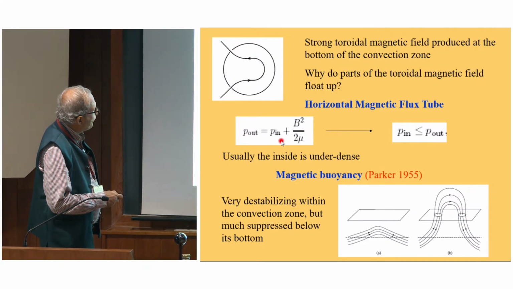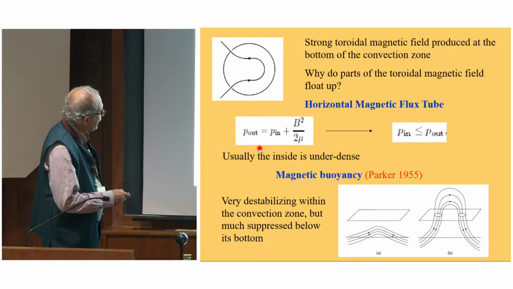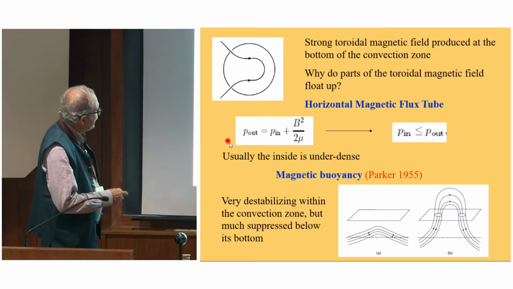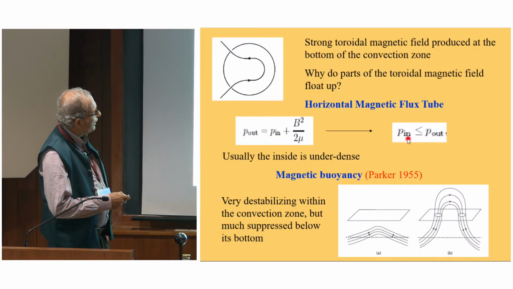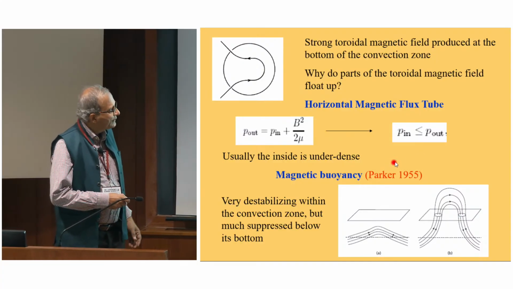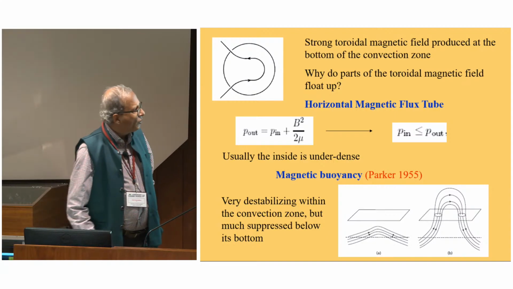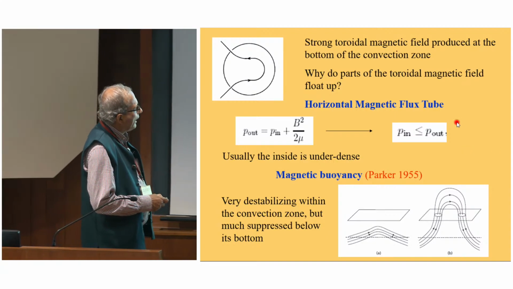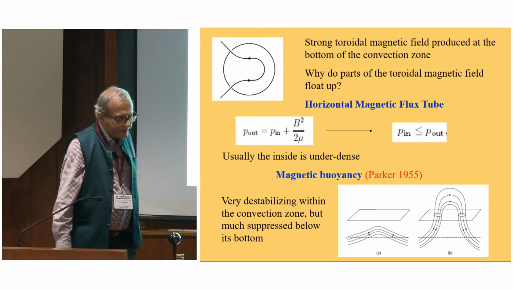So inside we have both gas pressure and magnetic pressure. So this is the pressure equilibrium equation, and you find that the pressure inside the flux tube would be less than pressure outside. And this usually, though not always, implies that density inside has to be less than density outside.